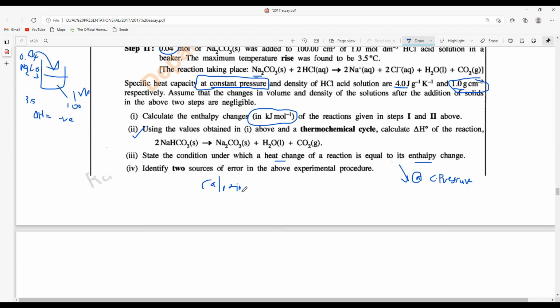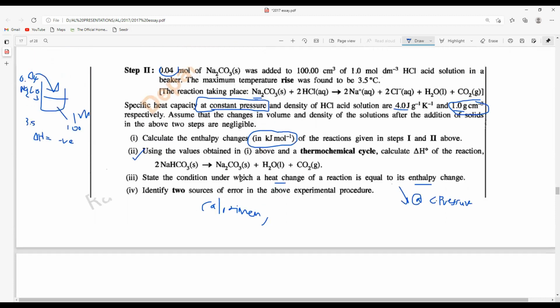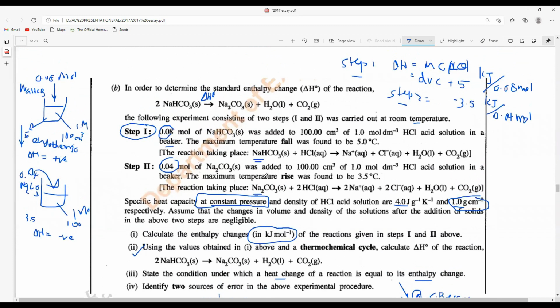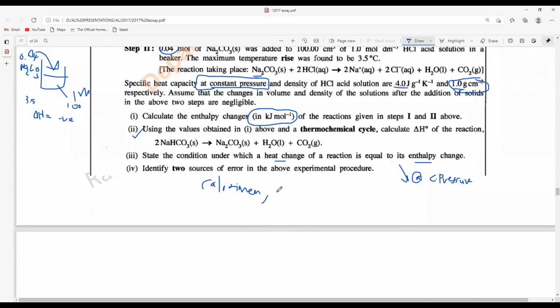Which also contain some sort of polystyrene around it to minimize the heat loss. So the first source of error is we have not used calorimeters. And the second error can be heat energy lost to the environment, right? So those are two errors that you can mention here. Okay.